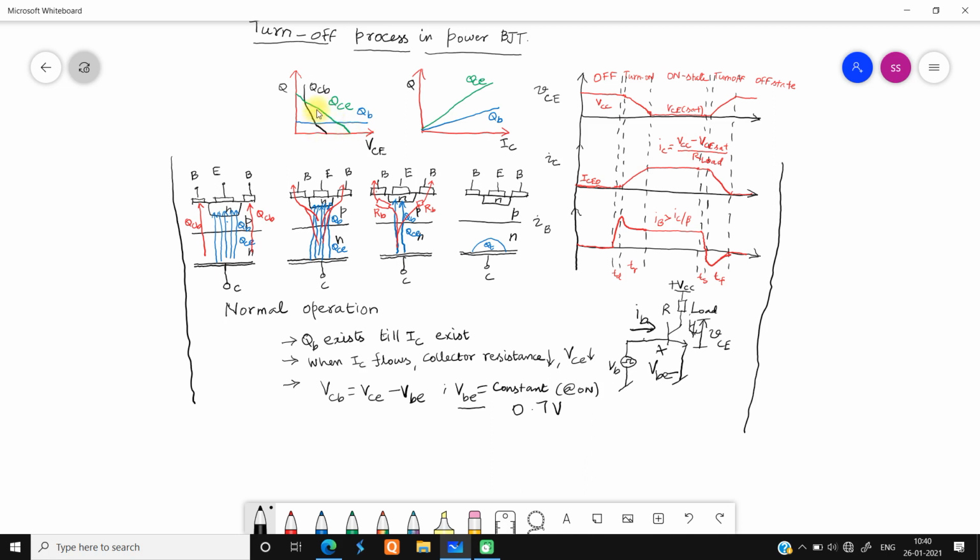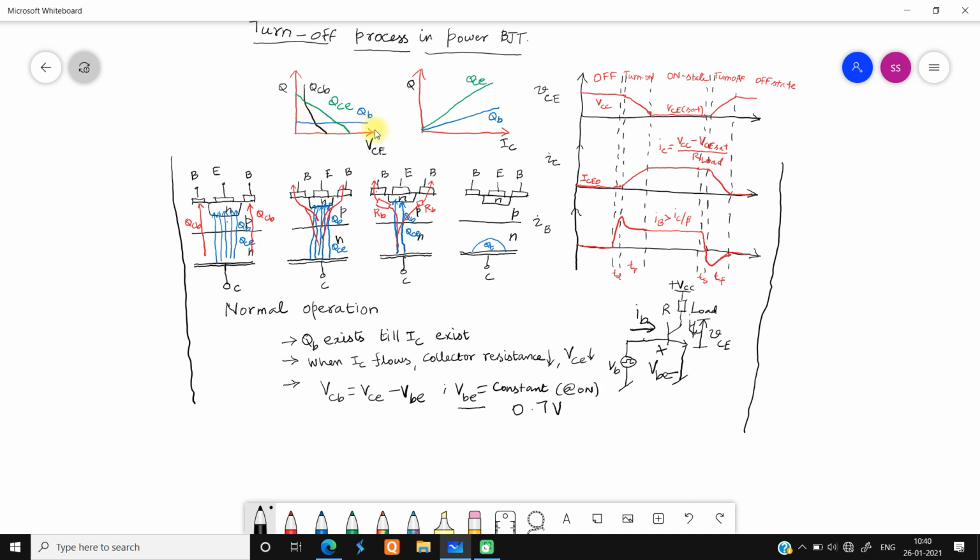But QCB will be accumulated inside the capacitors of the particular power BJT. The QCB will be getting charged rapidly across the VCE's decrease. So the decrease in VCE will cause this charge to be accumulated. So that is the explanation of this particular graph.